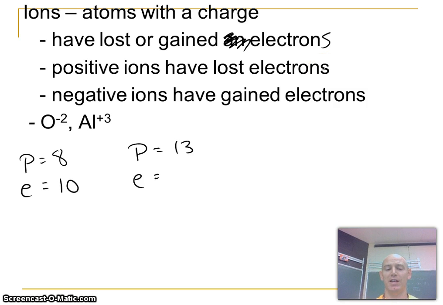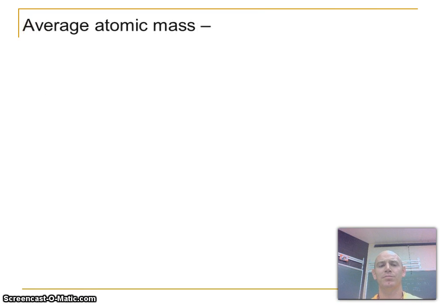So 13 minus 3 is going to be 10 electrons. You can see that aluminum with a +3 and oxide with a -2 both have the same number of electrons, 10, while having very different numbers of protons. So ions, pretty easy to handle.